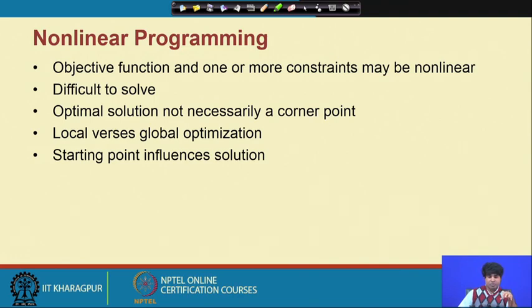Then the optimal solution in the case of NLP is not necessarily a corner point, and we have local optimization and global optimization, and the starting point influences the kind of solution. That means there is a high chance that we have both local optimization and global optimization in a particular process or business problem.